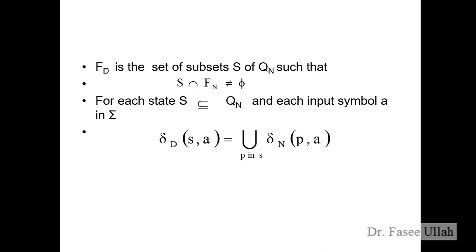We can very easily write a transition function, which is the transition of D. For S, the initial state in this example, and A, the transition value, it is equal to the union over P in S of the transition of P comma A. This is the generic form, and this is the specific form if we give real values.